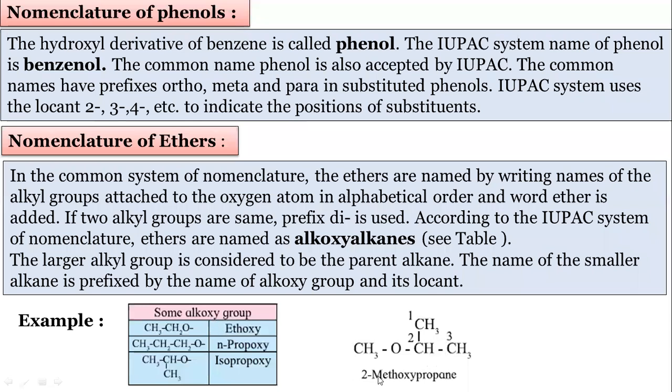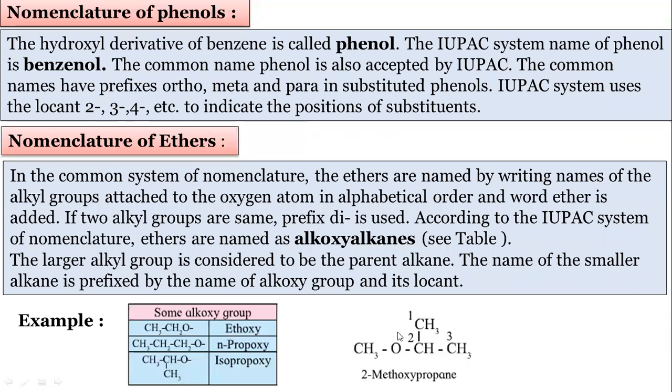See the IUPAC nomenclature system of this ether. In this one, a CH3 group is attached, and the other one is 1, 2, 3, an isopropyl group is attached. This is the isopropyl group, and this is methoxy.